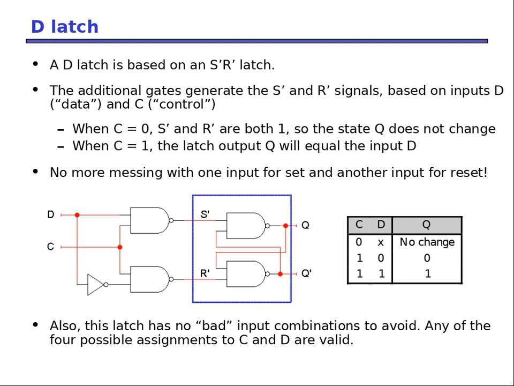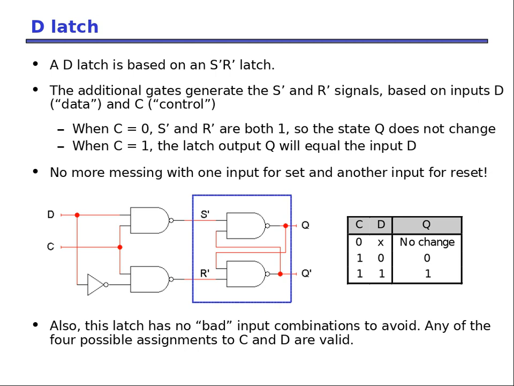So C enables or disables writing to the SR latch, and D is the value you want to write. If C is 0, it doesn't matter what D is, but if C is 1, then whatever the value of D is, that will go into the D latch. All right, how does this work?